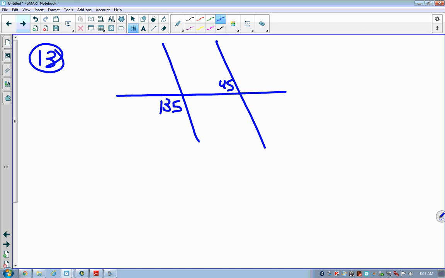Okay, but these two angles are supplementary pairs, correct? They form 180 degrees. So what I know about that is if I take 180 minus 45, I get 135, which makes this 135, and this angle are what to each other?